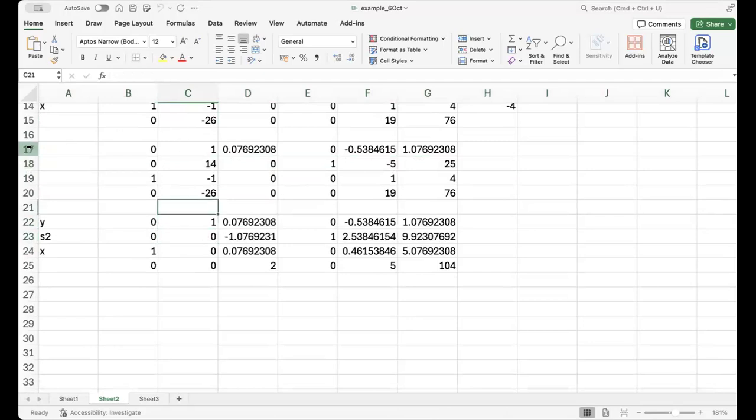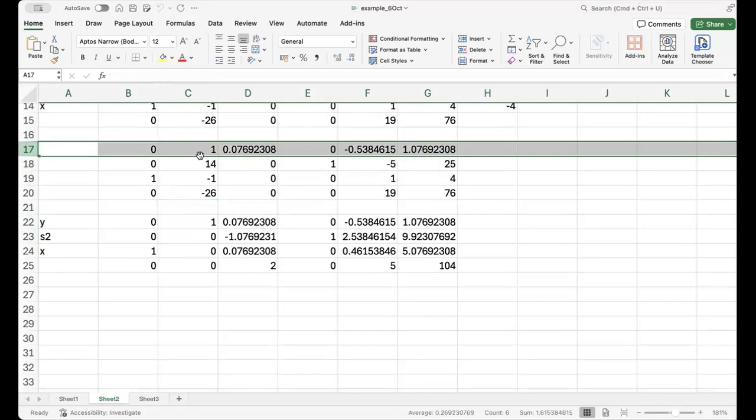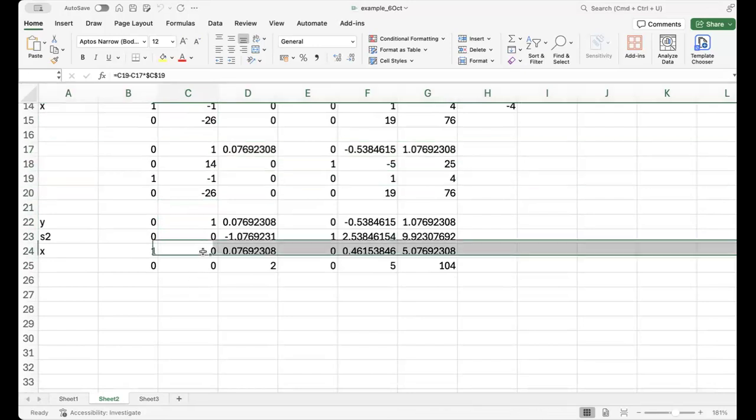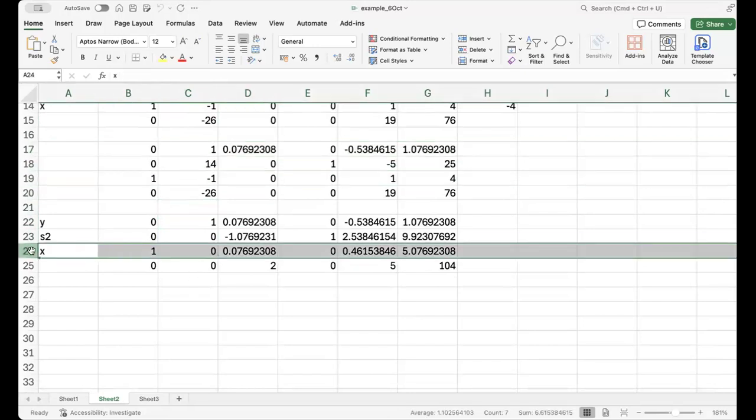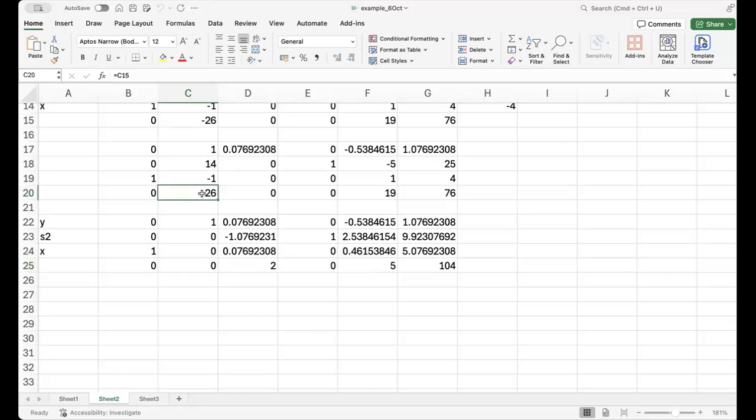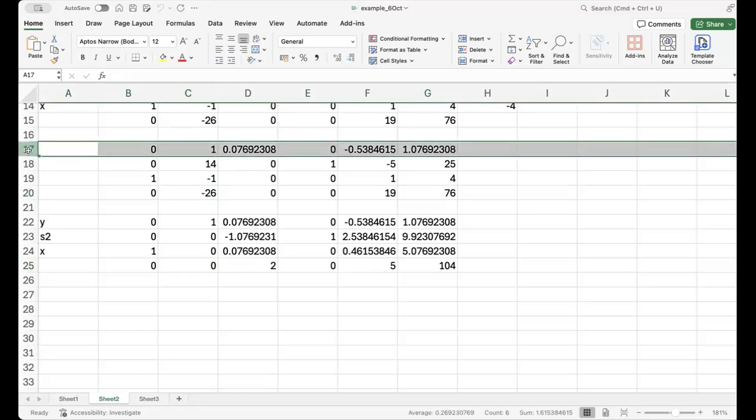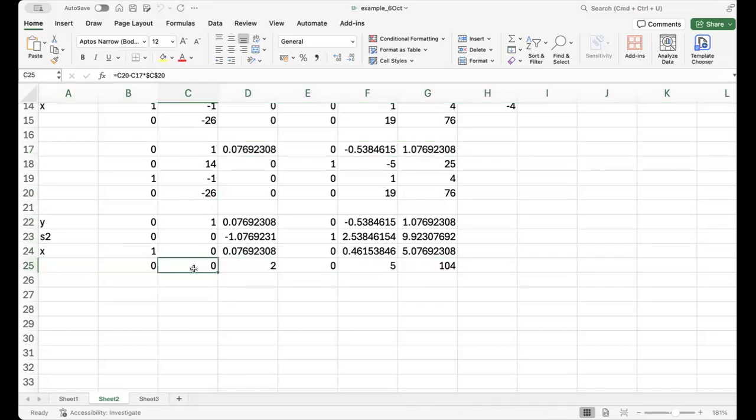Again, this row, you multiply by -1 and subtract from this row. In this one also, you multiply this row by -26 and subtract. Every column, once you subtract it, you get 0.